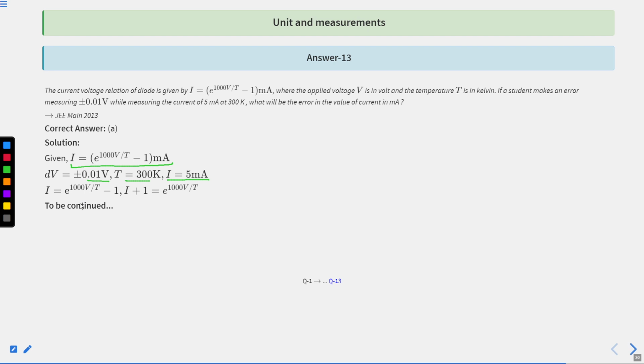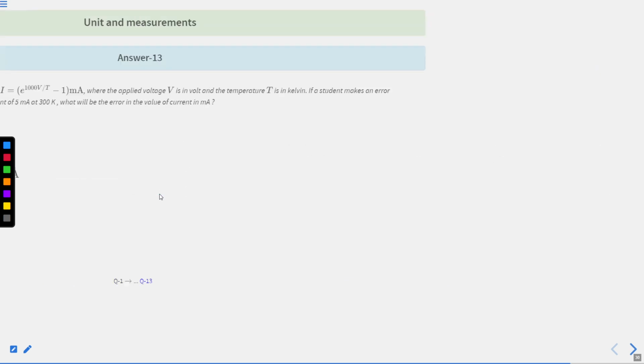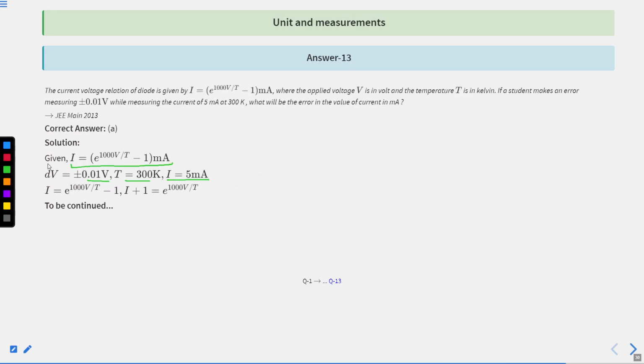After putting the numerical values and taking the log on both sides, we get this term. And solving this, dI becomes 0.2 milliampere. So the error in the value of current is 0.2 milliampere. So option A is correct. Clear?